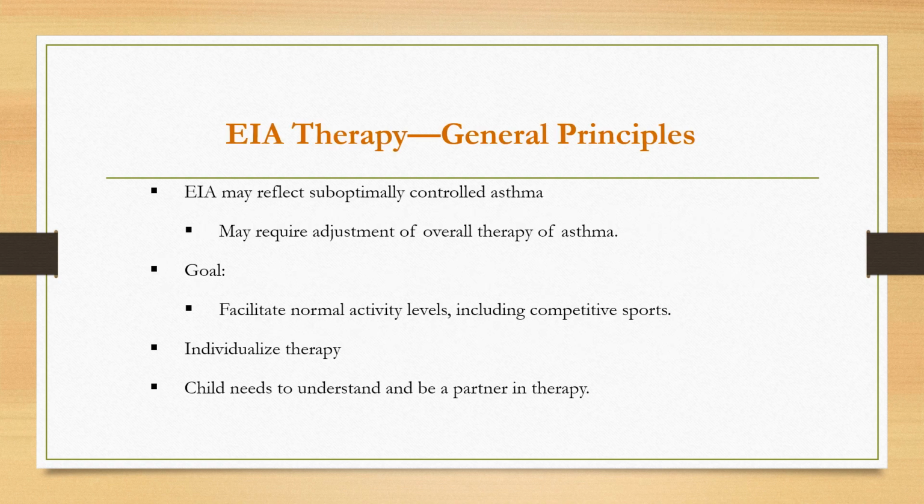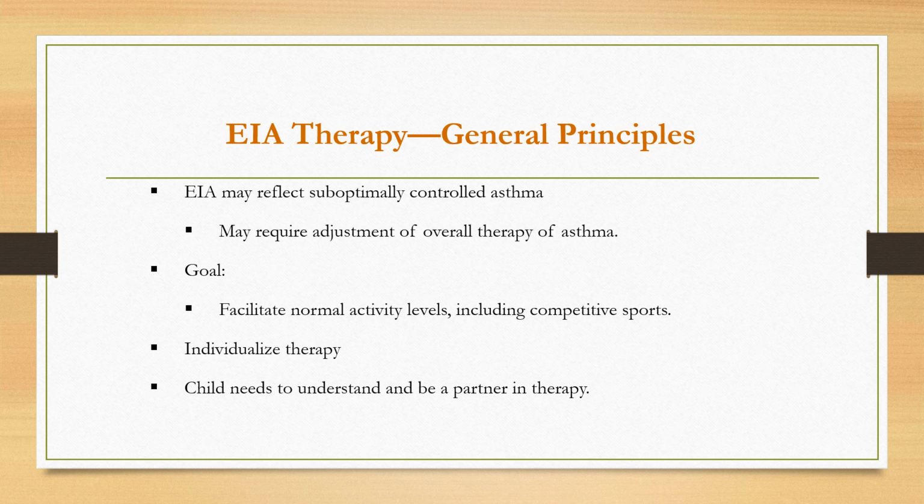With exercise-induced asthma, there are some general principles that you've got to follow. First of all, if you are having some kind of asthma flare-up or bronchoconstriction as a result of participating in a sport, that means you're not being managed properly. So you need to make some adjustments.